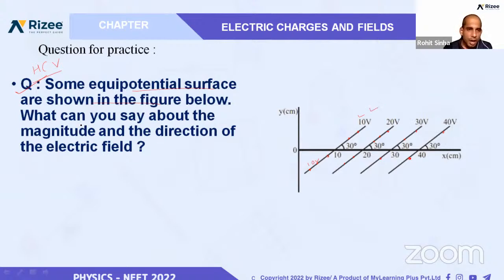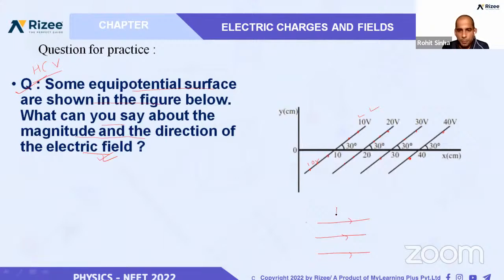The question is: what can you say about the magnitude and direction of the electric field? We have to comment on the direction and magnitude of the electric field. Yesterday I taught you that if we have field lines like this, then the equipotential surfaces are perpendicular to the field lines.